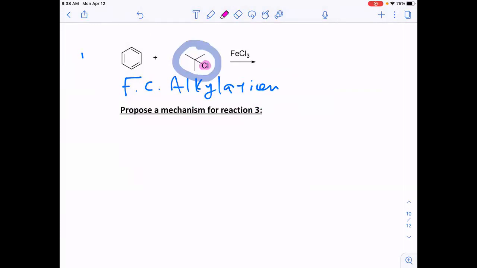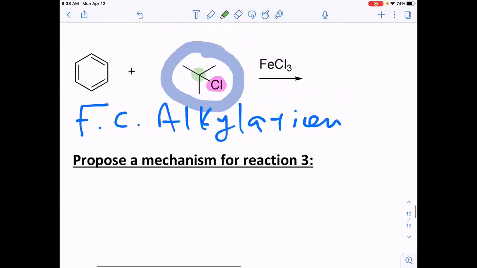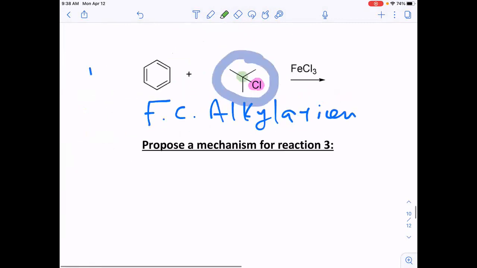And it's at that carbon right here. That's the carbon that the ring is going to attack. Are y'all following that? It's just a quick and dirty way to think about it. So if you just have to predict the products and not put the arrows in and go through the mechanism, then you can know that right away. That's going to add to the ring, that carbon where the chlorine is.